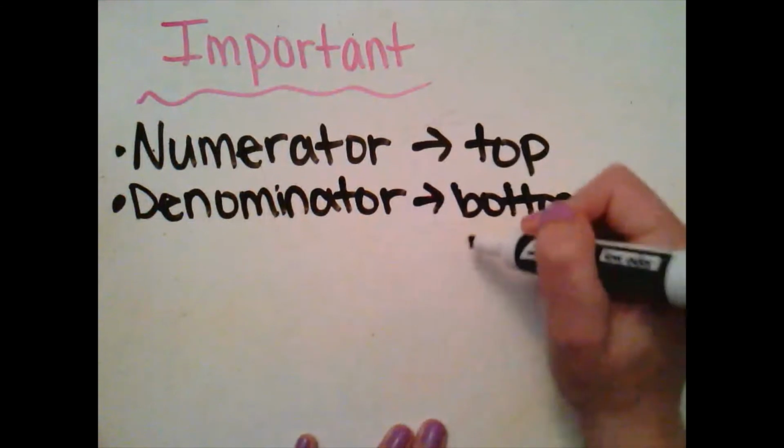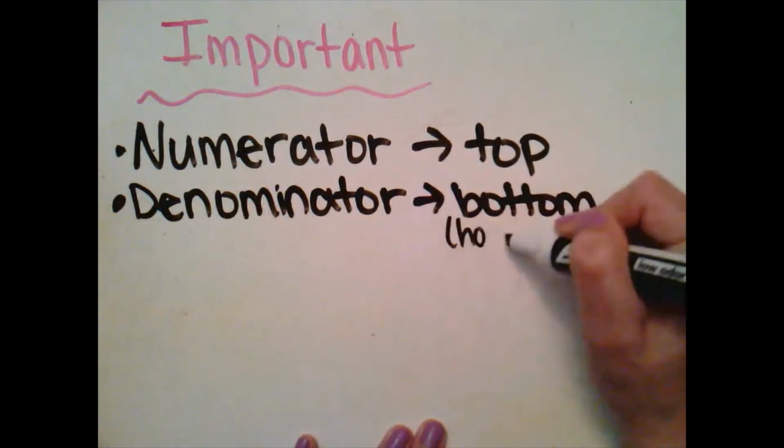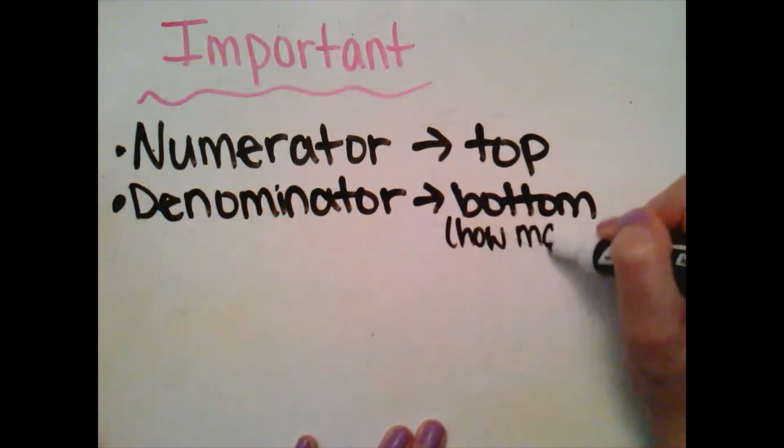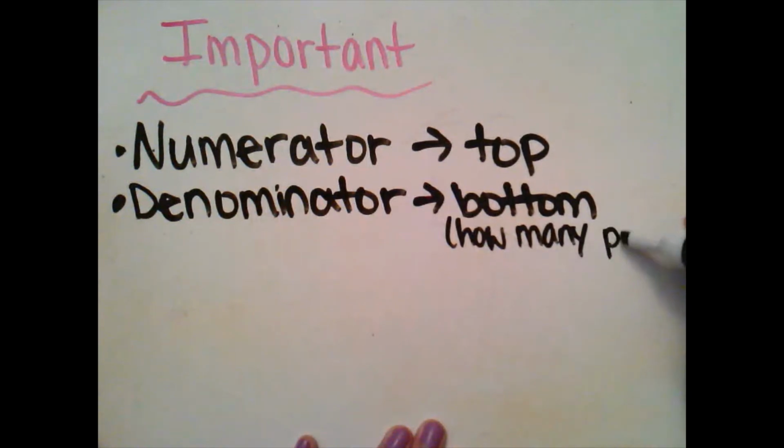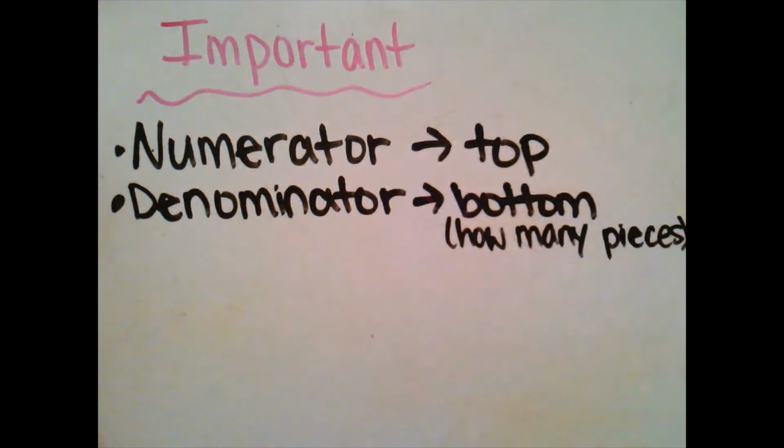And this one is how many pieces there are total. And the numerator, it depends on what's being asked. If you're looking at how many colored pieces there are, your numerator is how many pieces are colored in out of the total.